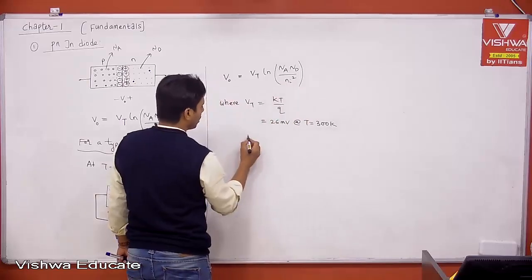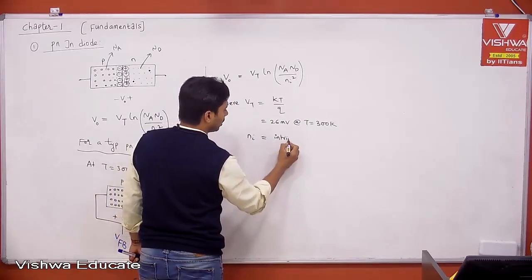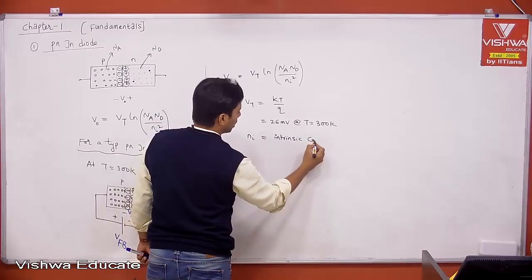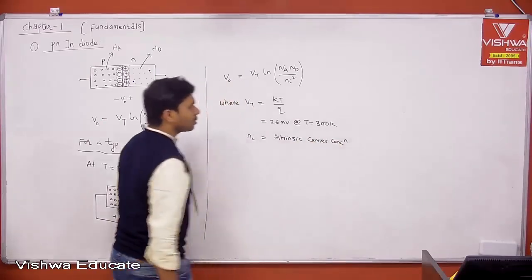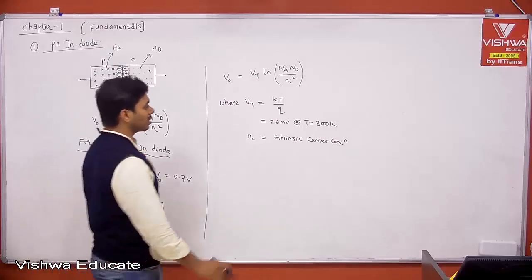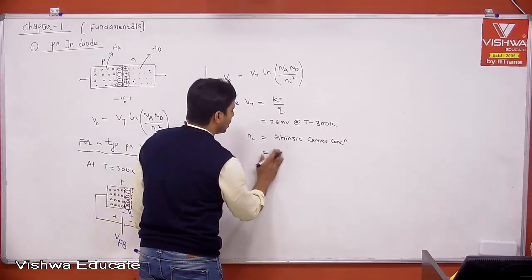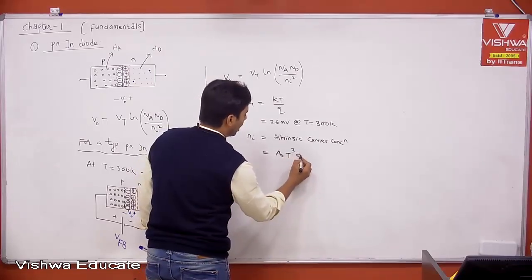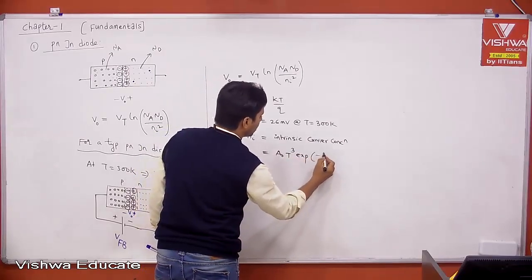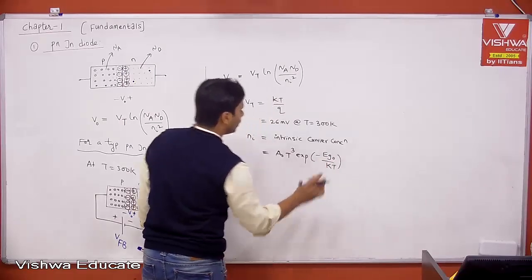And what is Ni? Ni is nothing but the intrinsic carrier concentration. It is also a function of temperature. The formula is A naught T cube exponential of minus Eg naught by kT.